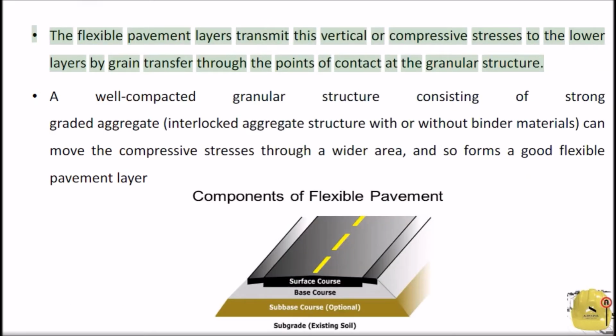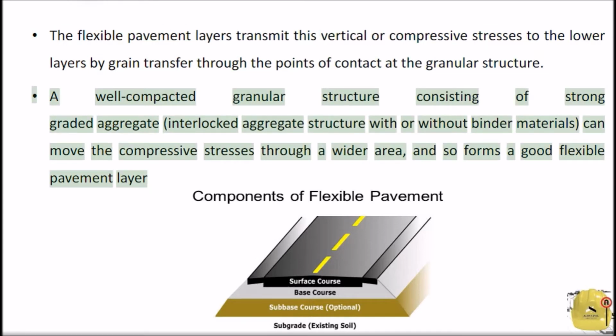The flexible pavement layers transmit vertical or compressive stresses to the lower layers by grain transfer through the points of contact in the granular structure. A compacted granular structure consisting of well graded aggregate, with an interlocked aggregate structure with or without binder materials, can move the compressive stresses through a wider area, and so forms a good flexible pavement layer.